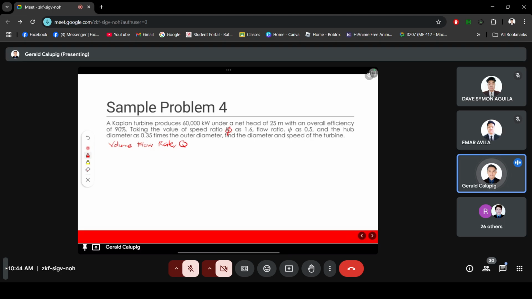The fluid power is equal to specific weight times Q times H, right? So the overall efficiency is equal to the power generated by the turbine over specific weight times Q times H. Let's first derive the formula for Q. Q is equal to P over specific weight times H times overall efficiency.